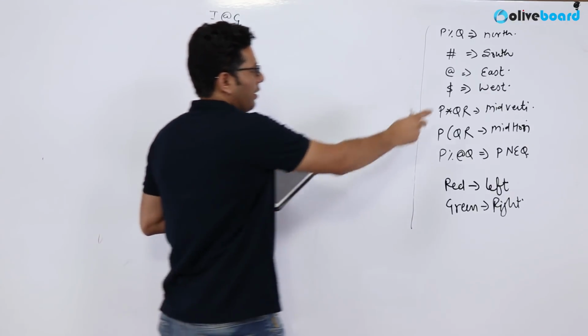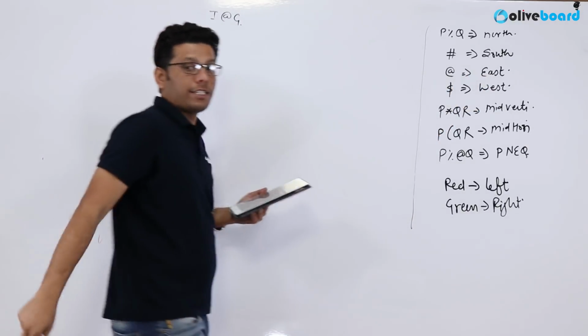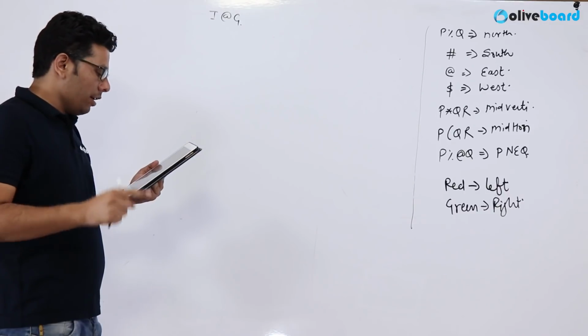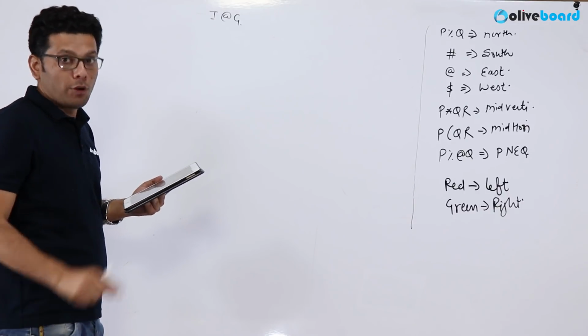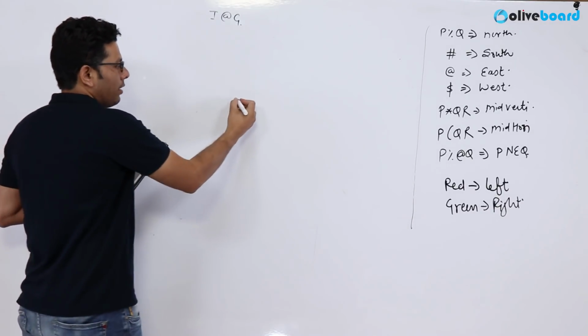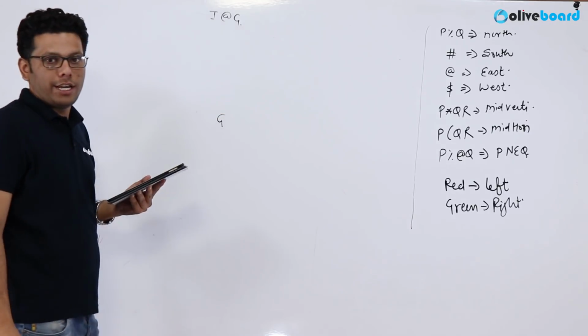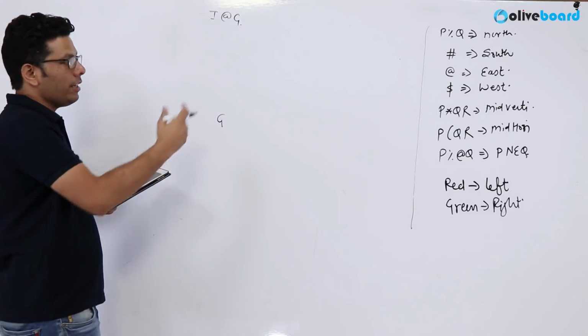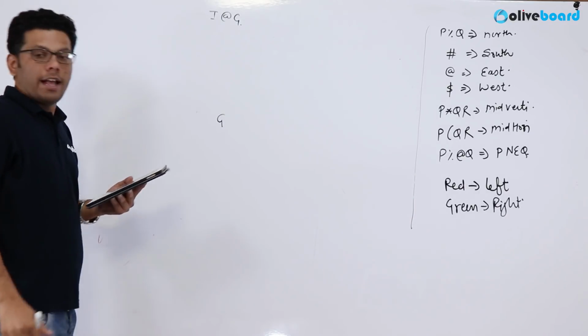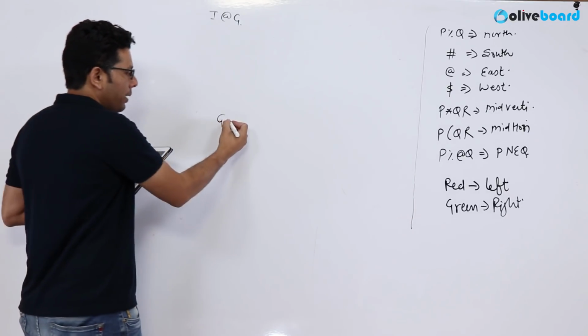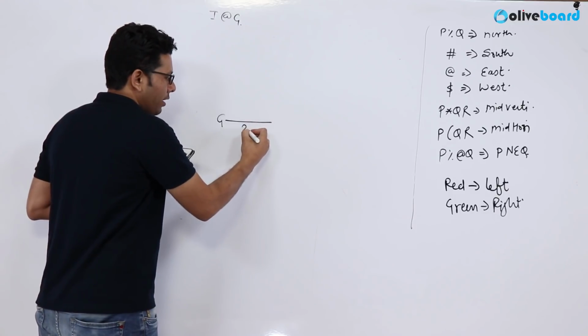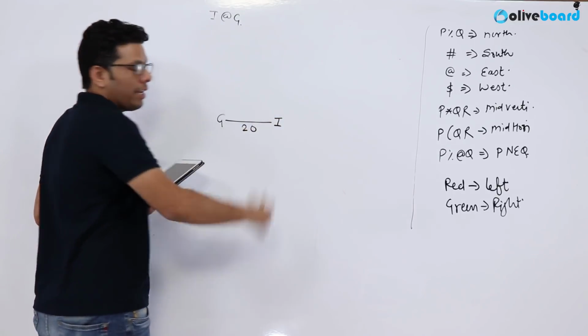At the rate means east, means I is the east of G. Getting the point? If I put my G here, then I is in the east of G at the distance of 20 meters. So this would be the east and your I will be here.